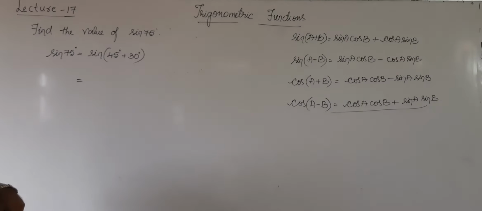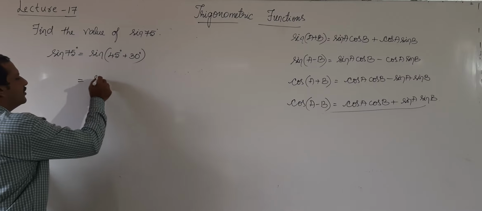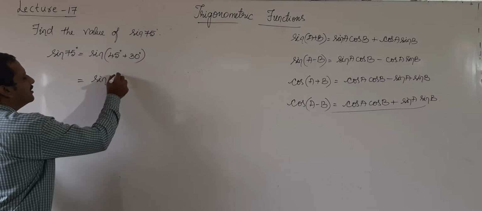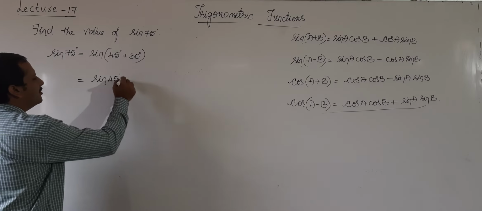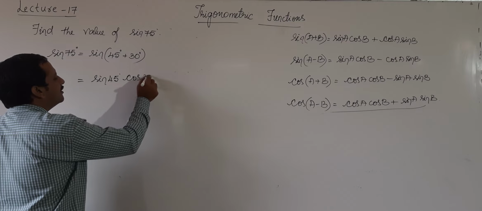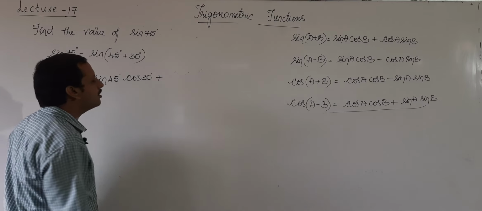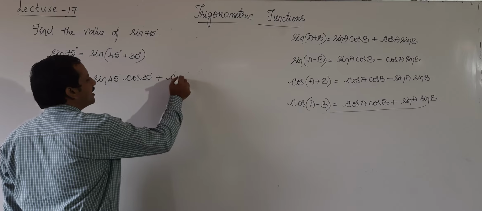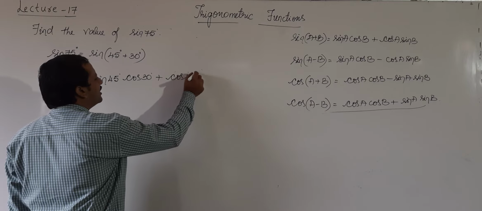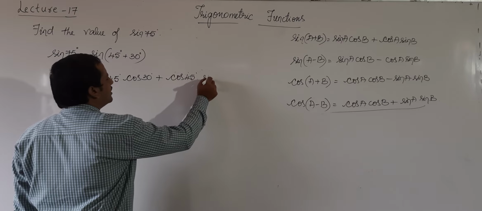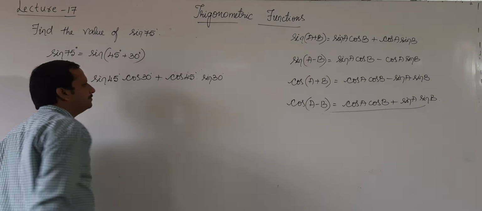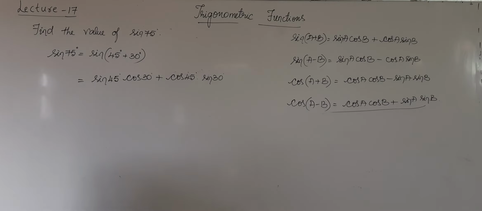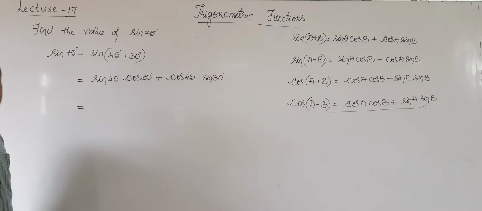So sin 45 plus 30 is equal to sin 45 degree into cos 30 degree, plus cos 45 degree into sin 30 degree. Sin A cos B plus cos A sin B. Now you know the values of all these. Let us substitute.